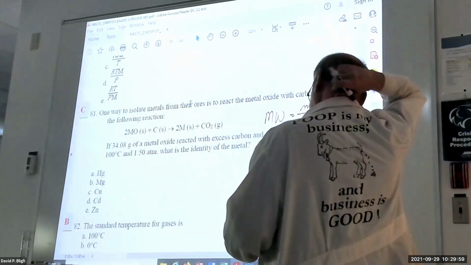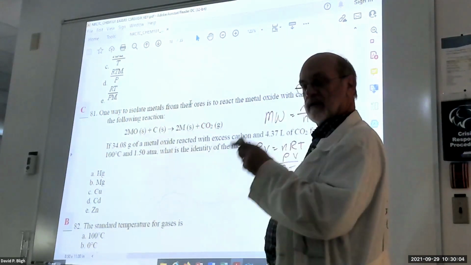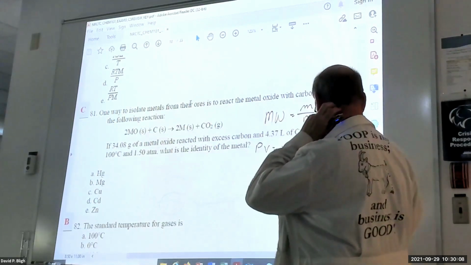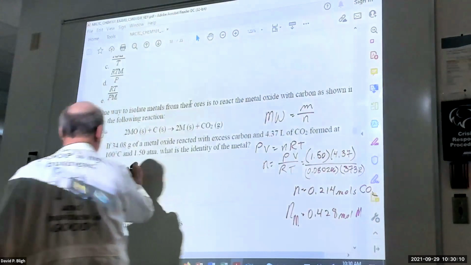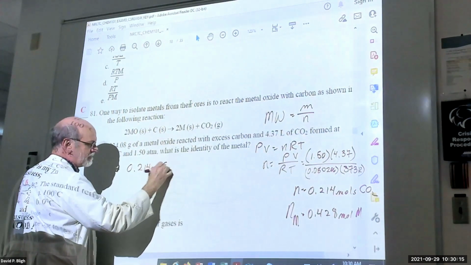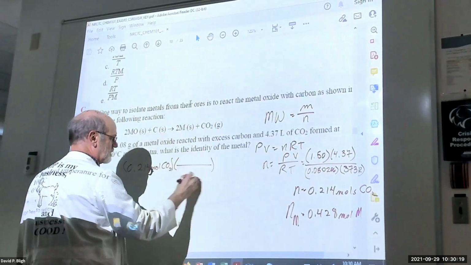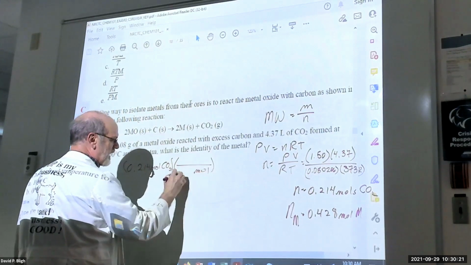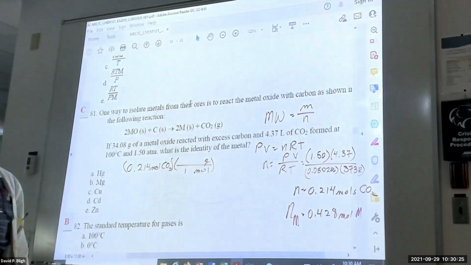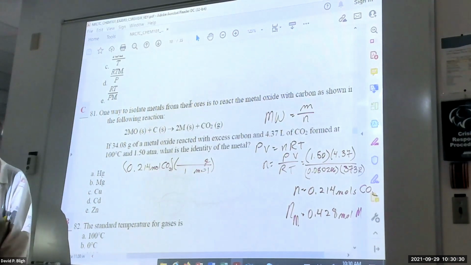You're gonna love this. If we know the moles of carbon dioxide, we can determine the mass, correct? The mass of carbon dioxide. So 0.214 moles of carbon dioxide, converted to mass. So we need the molar mass of carbon dioxide, which is what? Let's see. 12.01 plus 32.